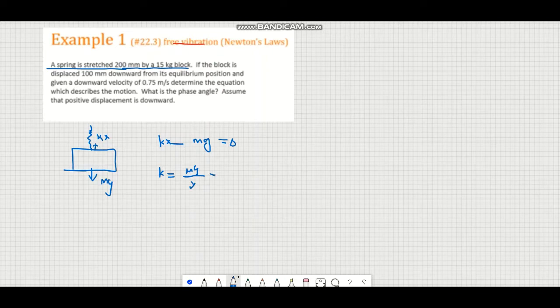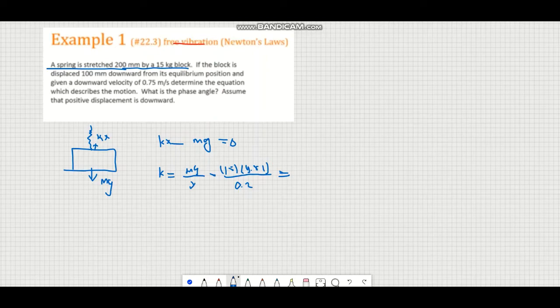This is 15 kilogram multiplied by 9.81 over 200 millimeters, so it's gonna be 0.2 meters.